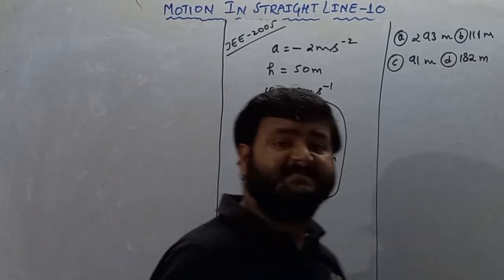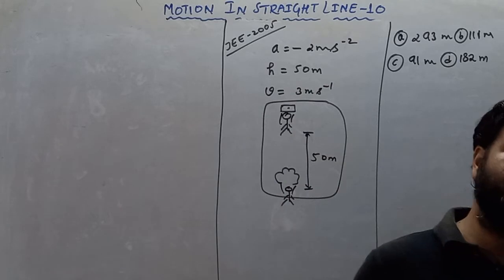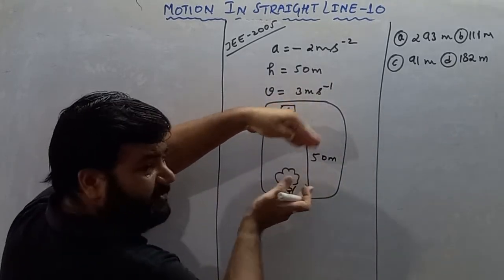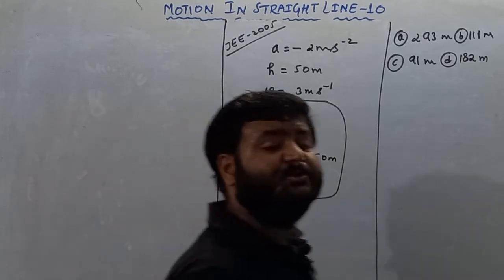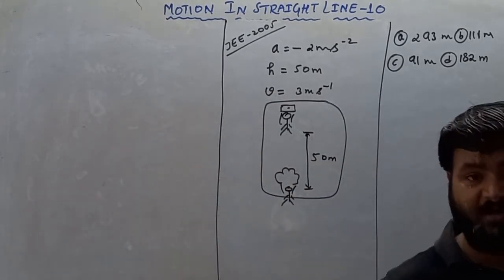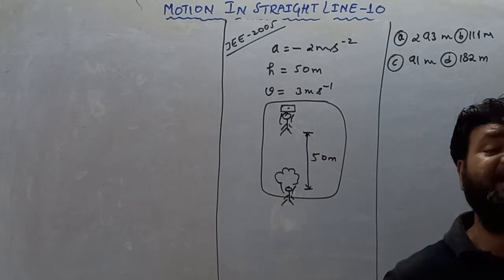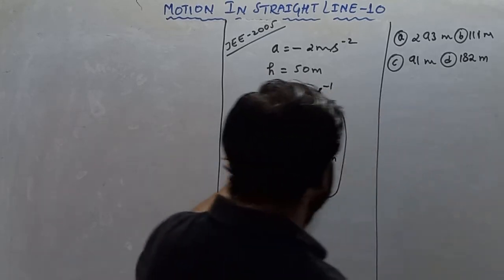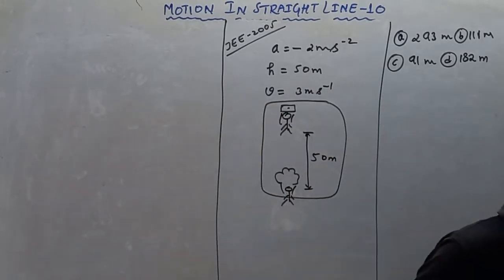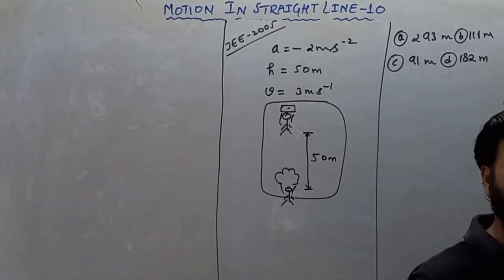In this first 50 meter, the parachutist is in free fall, that is, motion under gravity. Remember this thing, my dear students.